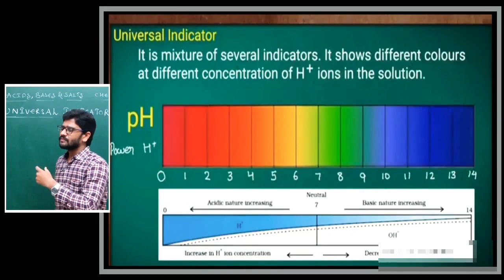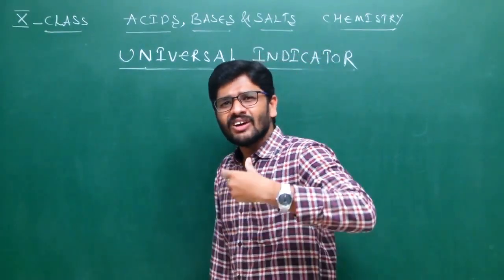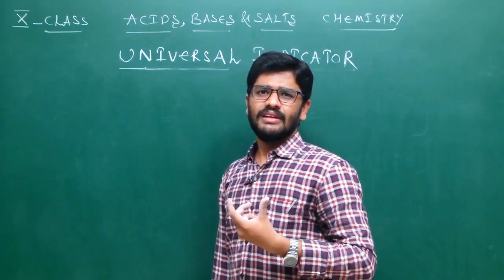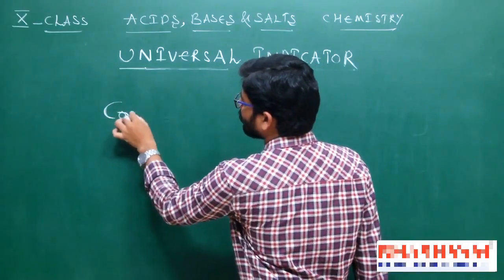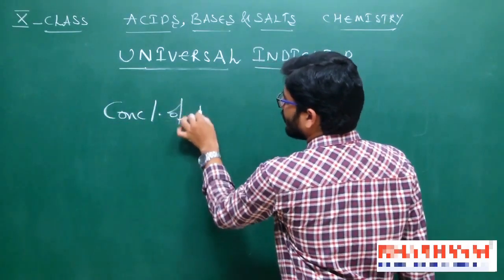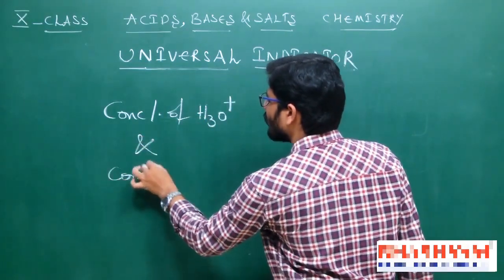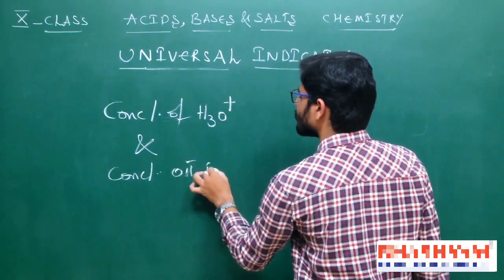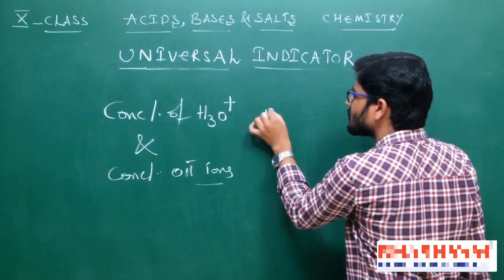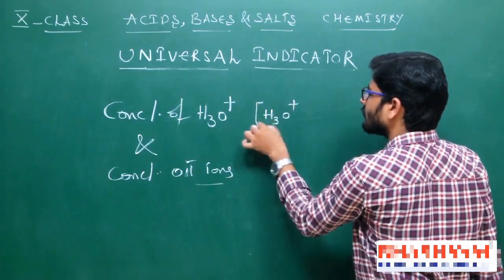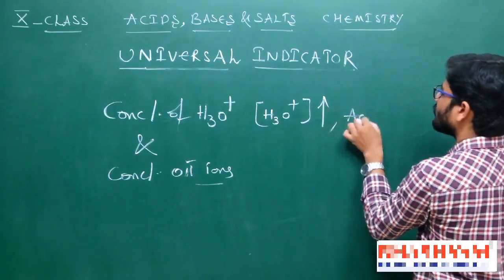Yes. Now, look at the board. The strength of an acid and base depends on the concentrations of H3O plus and OH minus ions. If the concentration of H3O plus ions is more, acidity is more, acid character is more.